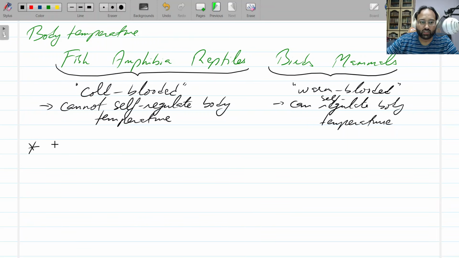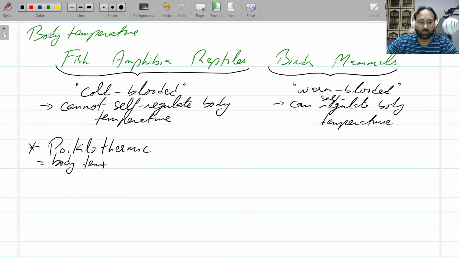I'm putting that over here with an asterisk. What that means is these are animals whose body temperature changes with the temperature of their surroundings.